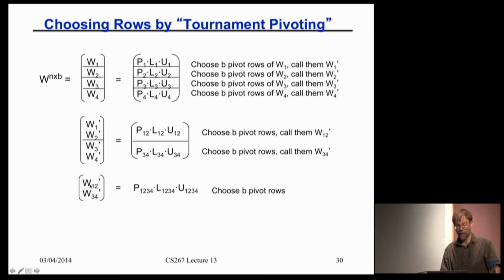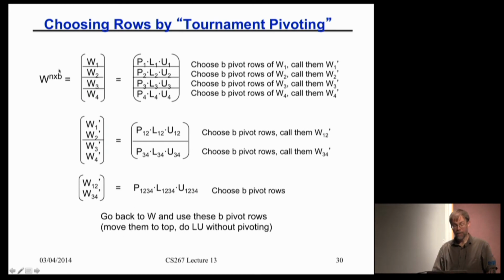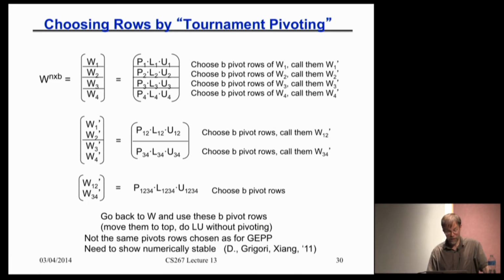I take the best b rows from processors 1 and 2, and the best b rows from processors 3 and 4, put them together, do Gaussian elimination with partial pivoting one more time, and pick the best b rows from all the processors. What do I do with those rows? I go back to my original matrix, which I have not overwritten, and put all of those b rows at the top and do Gaussian elimination one more time with no pivoting. Because I picked the best b, I just put them up there. That is the algorithm we use.